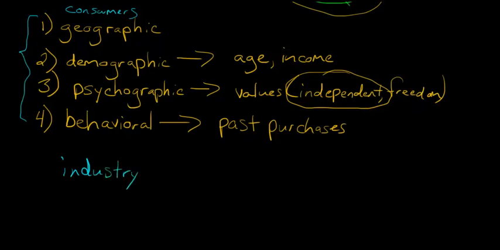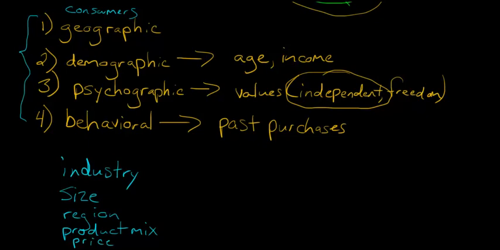Maybe you want to target a specific industry, like the mining industry, or you go off of a business's size. Or again, as with consumers, you can look at the region in which the business operates, or you can think of what kind of products they currently offer, what their product mix is. And then maybe their willingness to pay in terms of price. Maybe some business is willing to pay a higher price for certain types of things if they get higher quality.